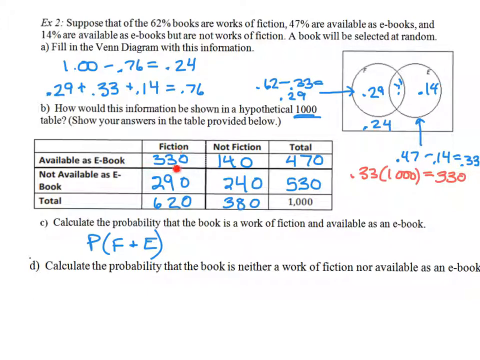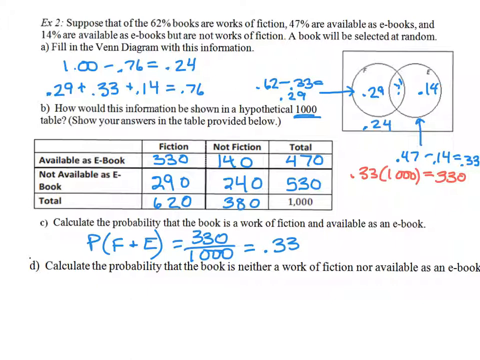So I want the number where they cross each other, 330. And we're going to say, okay, 330 hypothetically out of the possible 1,000 books that I have. And again, I can convert that over to a decimal as well, 0.33. And I did see that on my Venn diagram right there.